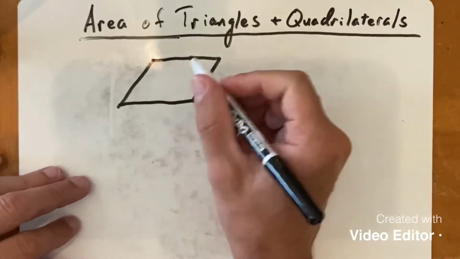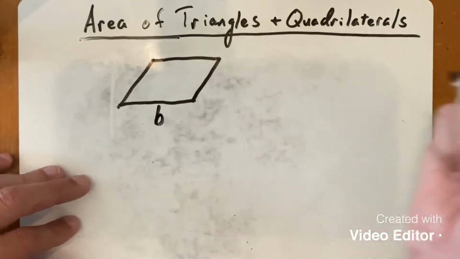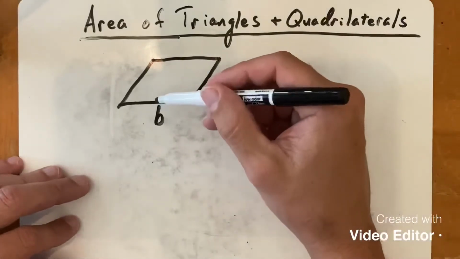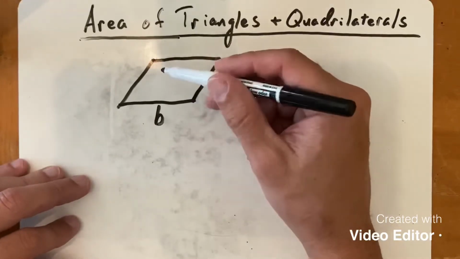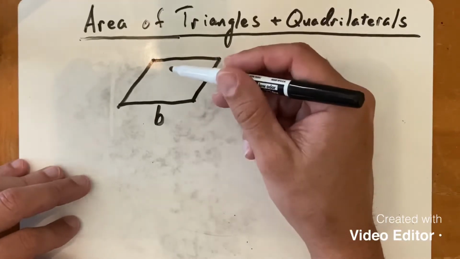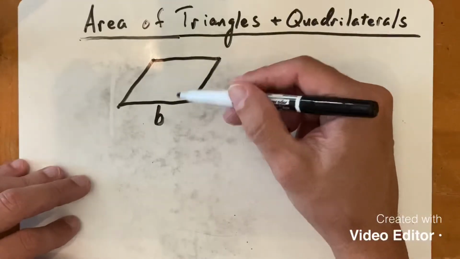If I want to choose this base here, then I need to go perpendicular to that base to the opposite side. It doesn't have to be to the vertex, it just has to be perpendicular. Since it's a parallelogram, it's going to be perpendicular to both opposite sides.